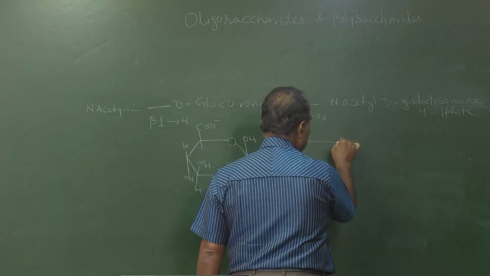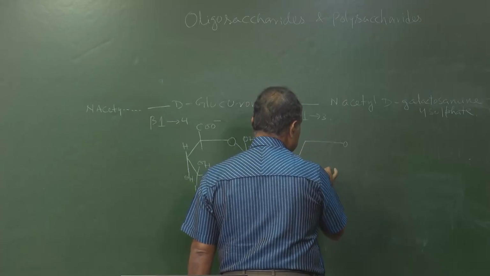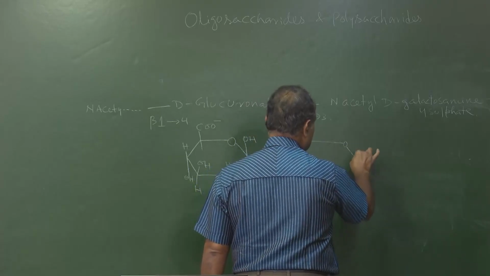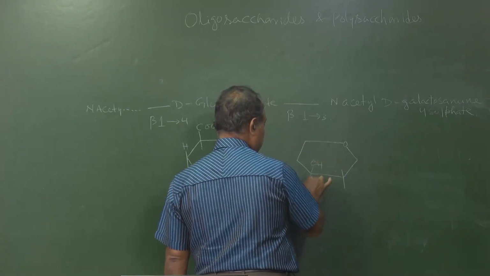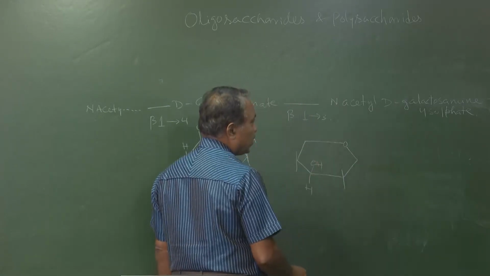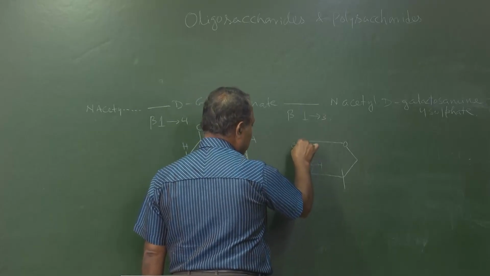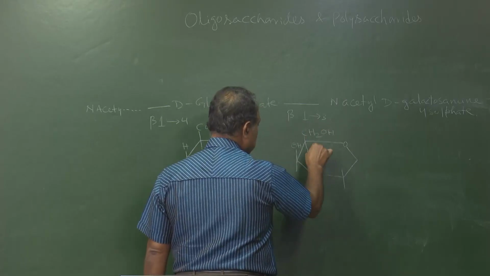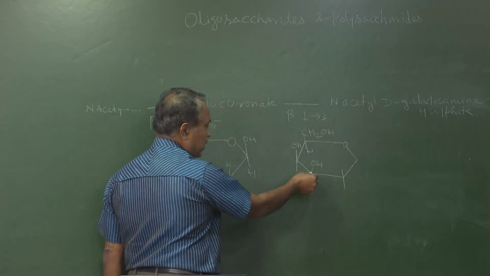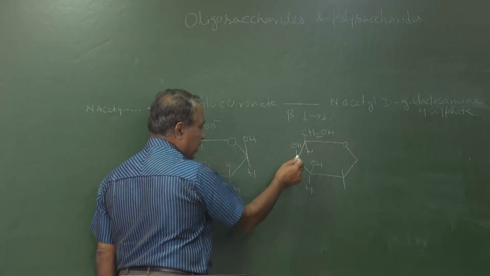First of all, we will draw the galactosamine. The name appears to be long, but when it is long, it also describes what is what. You just see it is galactose. So we put galactose. I have told you that in galactose the third and fourth hydroxyl groups will be at the top.